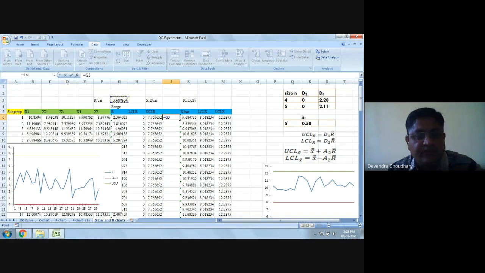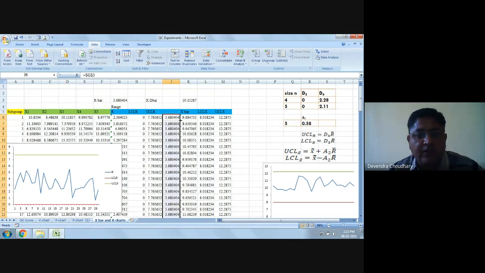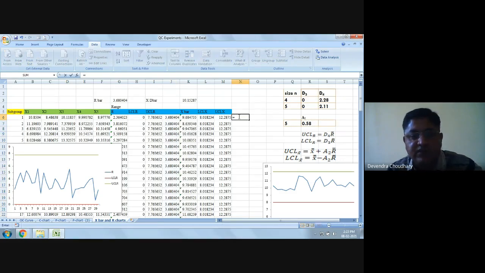Freeze it so that you can get the central line, right? And similarly, we make here X double bar value. X double bar value is this one. So F4, I make use of this, right?